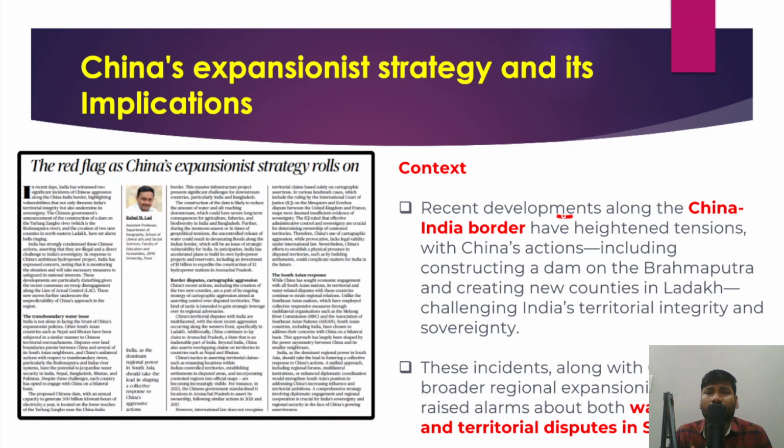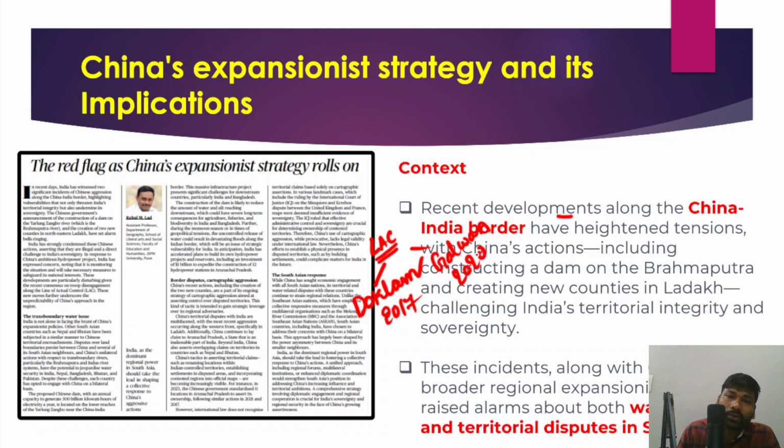Recent developments along the India-China border, particularly the Line of Actual Control, we knew about that, with respect to the Doklam conflict in the year 2017, and then the Galwan Valley clashes in the year 2020. So we have experienced this.